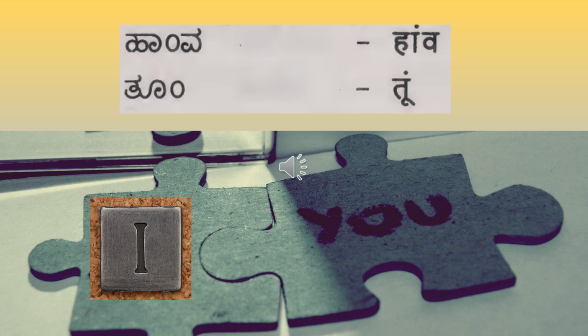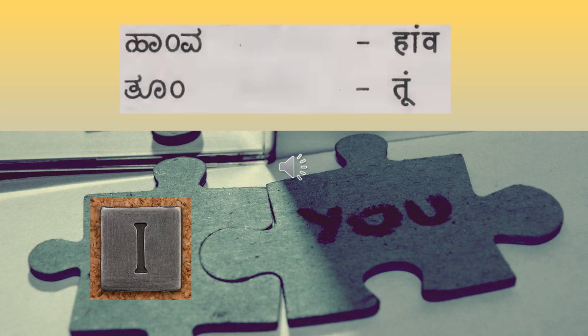So hau or hav. I, hau. Example, hau Konkani shikta. I am learning Konkani. Hau ambo khata. I will eat a mango. So I is hau.